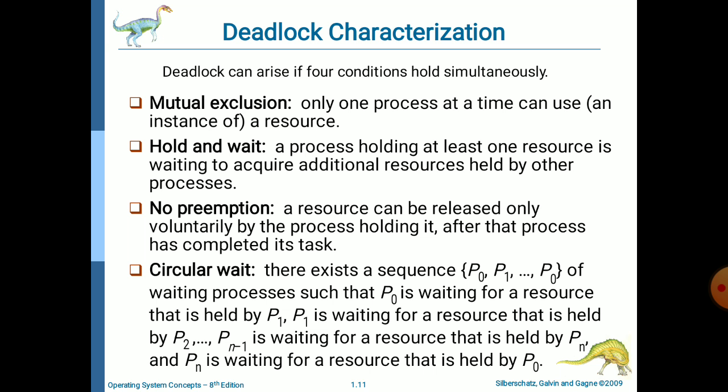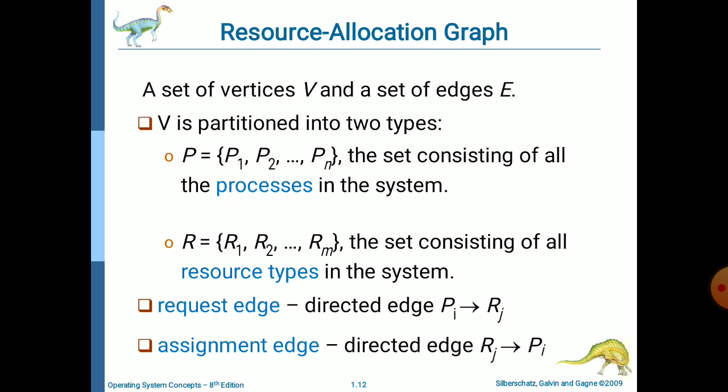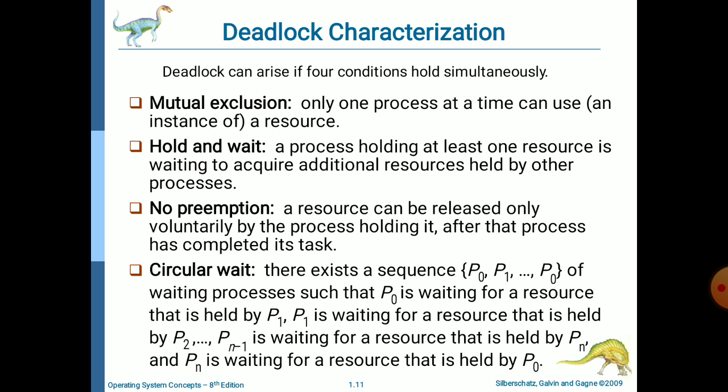That is the point. And circular wait: there exists a sequence P0, P1, P2, P3, and the last again comes to P0, of waiting processes such that P0 is waiting for a resource that is held by P1, and P1 is waiting for a resource that is held by P2, and so on, and Pn minus 1 is waiting for a resource that is held by Pn, and Pn is waiting for a resource that is held by P0.